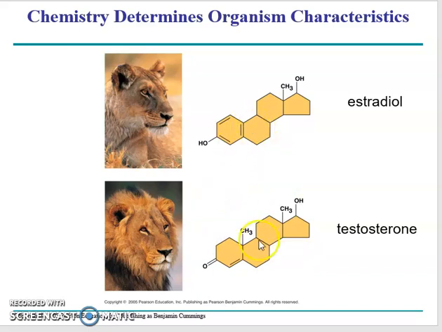Could you actually switch these hormones and come up with different adult lion types? Yeah, you can, right? So if you give testosterone to a female lion, she'll grow a mane, right? If you deny testosterone from a male lion or give that male lion estradiol or estrogen, he won't grow a mane, right? And all the other effects go along with that too.